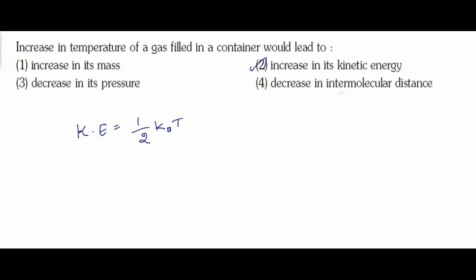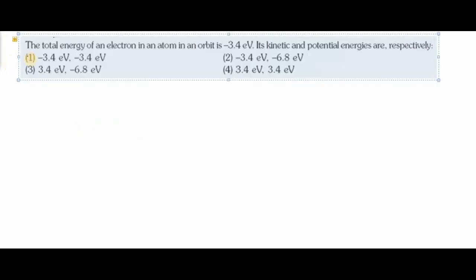And the third question: the total energy of an electron in an atom in an orbit is minus 3.4 electron volt. Its kinetic and potential energies are?